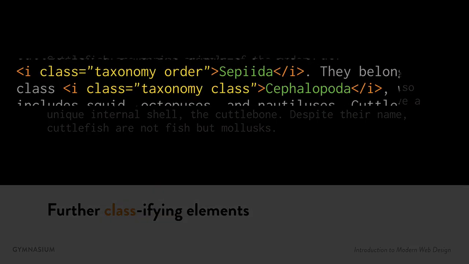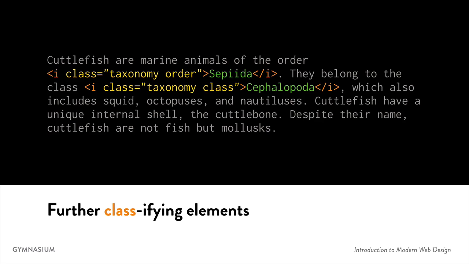So taxonomy, order, class, these are not elements that exist in HTML, but we could indicate using classification that these I elements are for taxonomy together. Each one is for taxonomy. They both share that. But then one is specifically classified as an order and one is specifically classified as a class.